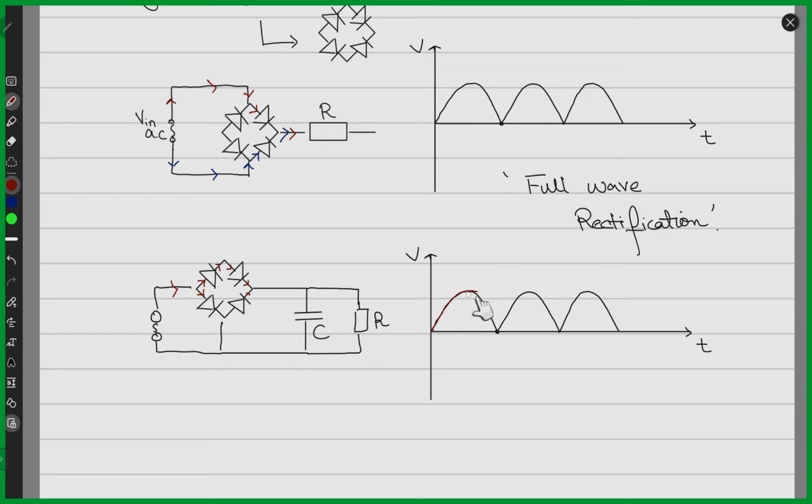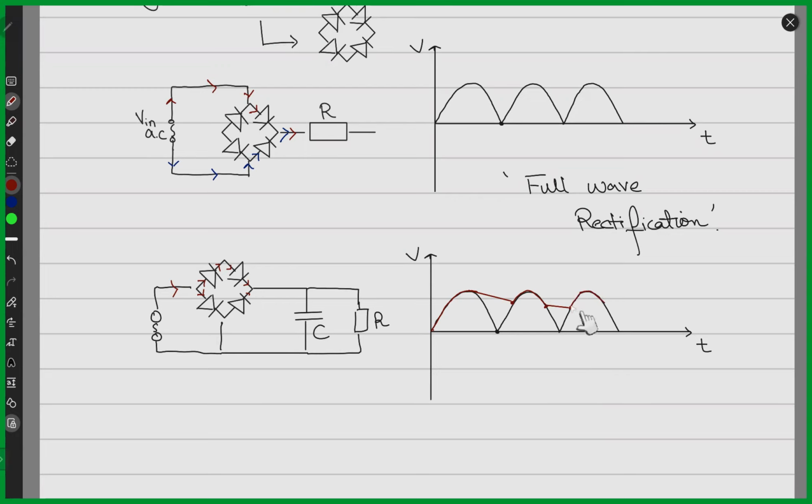Instead of completely dropping to zero, it's going to come to this point. And then again, it will increase and then drop a bit down. And then again, it will go like this.